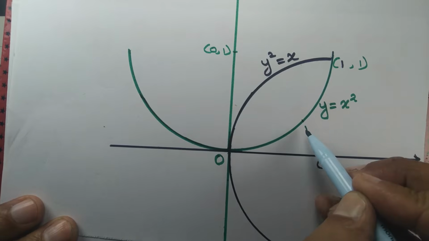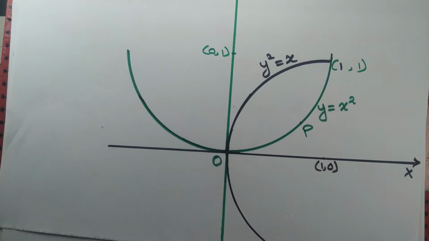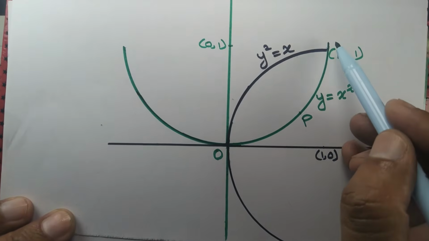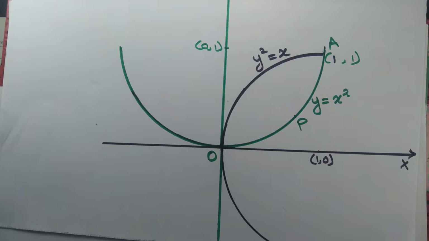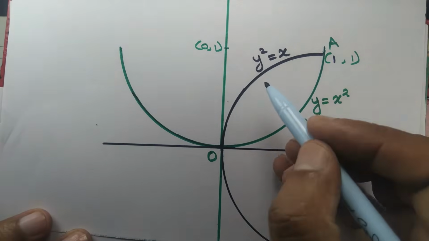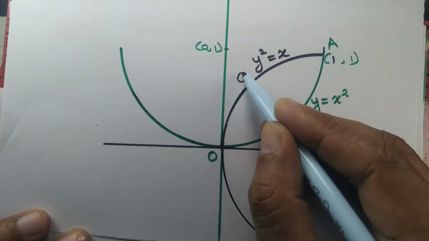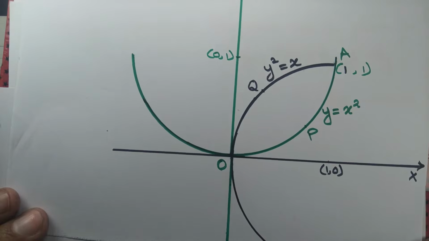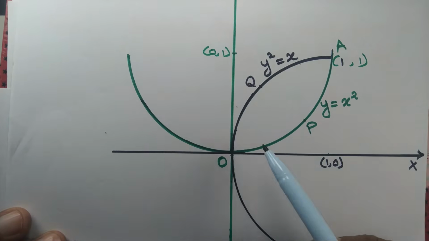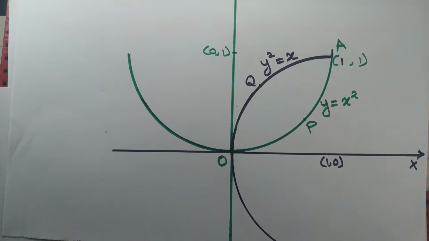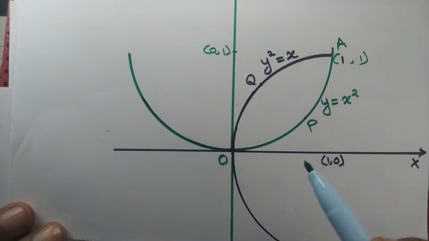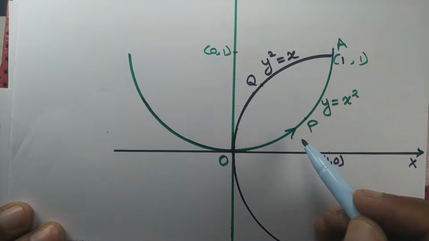We take a point P on the curve. Let A be the point of intersection of those two curves, and we take a point Q on the other curve. So we obtained a closed curve OPAQO. As I said earlier, we need to give a direction, an anti-clockwise direction.